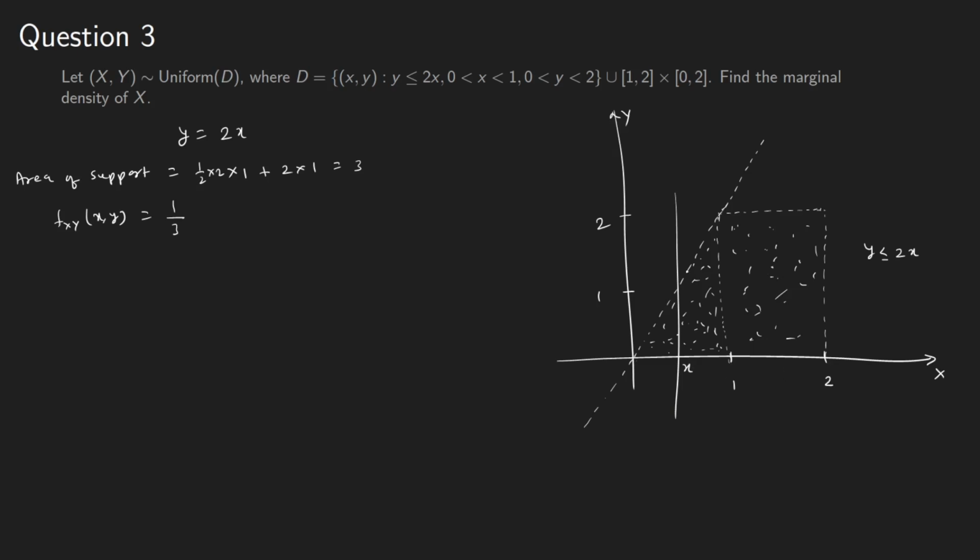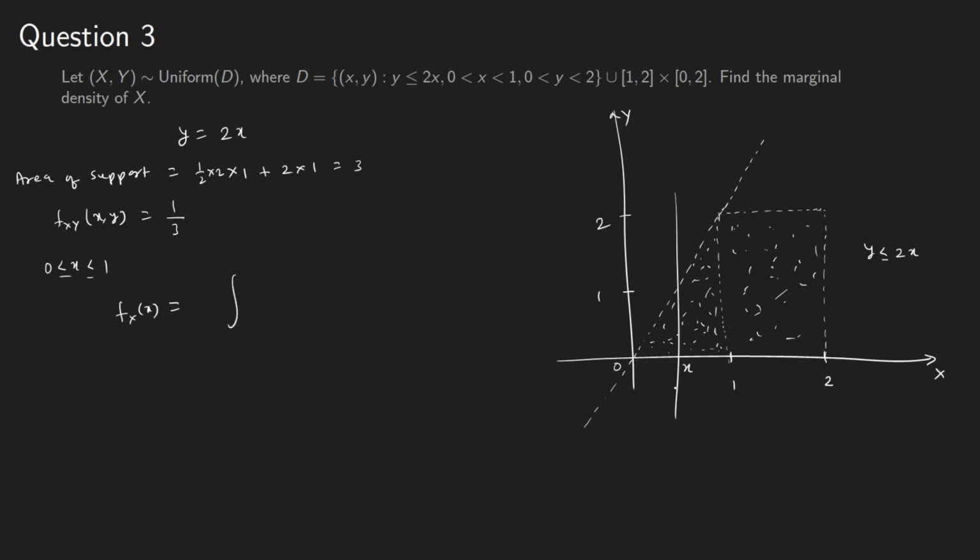So first let's calculate what it will be when x takes a value between 0 and 1. It will depend on the value of x. What will it be? We will have to integrate the PDF to calculate the marginal of x.